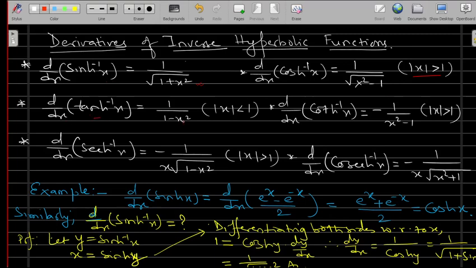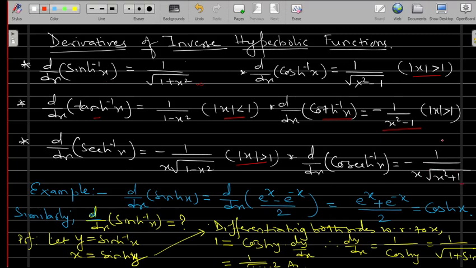Tanh inverse x is 1 upon 1 minus x square with this relation. Coth inverse is minus 1 upon x square minus 1. Sech inverse x is minus 1 over x root under 1 minus x square with this condition. And cosech inverse x is minus 1 over root under x square plus 1.